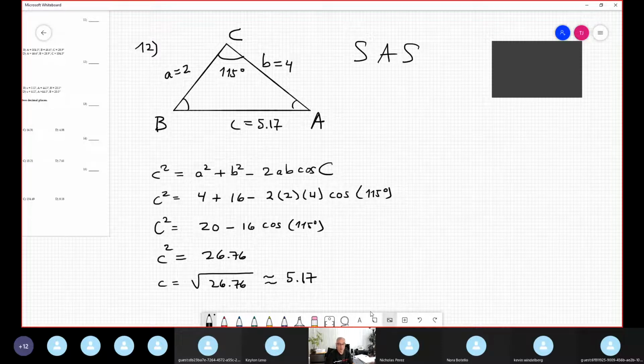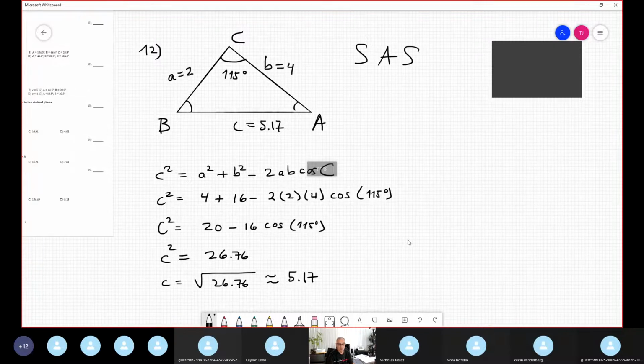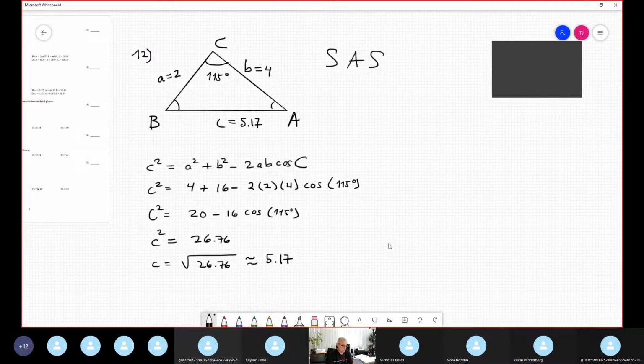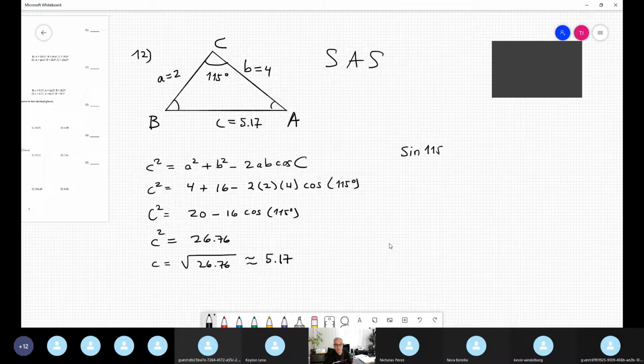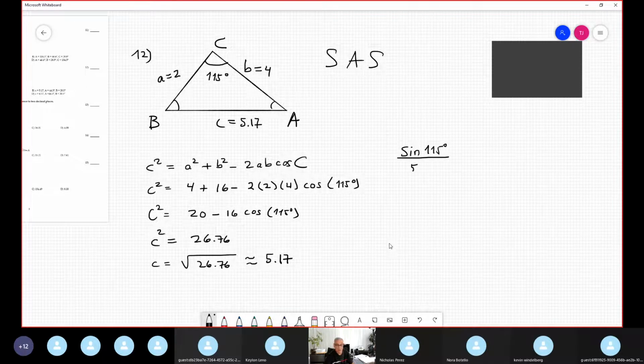Now ready to apply the law of sine. Why not? The only angle I have in my hand is 115 divided by C that I have now, is equal to sine, for example, A or B, either way, divided by 2.